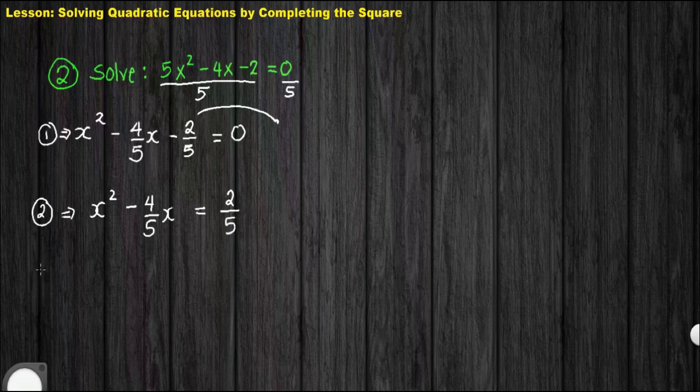And for our next step, ang kailangan natin gawin is to complete the square, both sides, no? Then we have x squared, susulat ko muna yun dyan, minus 4 over 5x. Magko-plus blank muna ako dyan, no? Equals 2 over 5 plus blank. Okay?